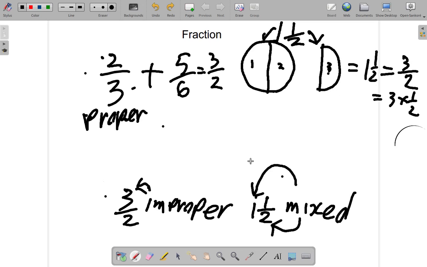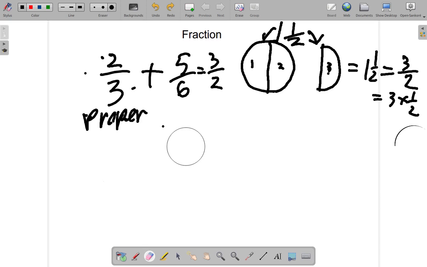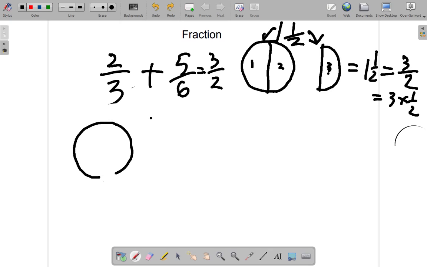Now let's look at what would happen if we try to use a diagram to add these. 2/3. If we have one whole circle and we have thirds, and we are interested in this third and this third, that's 2 of the thirds so far.